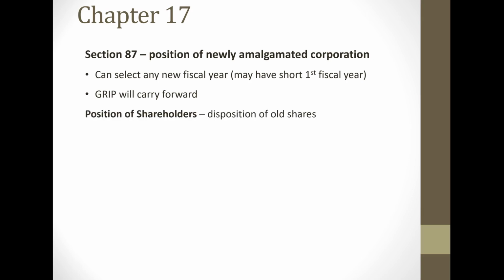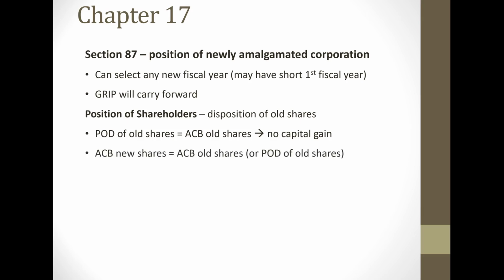Now the shareholders are going to be deemed to have disposed of their old shares of the former corporation, but they're going to be disposed of at the ACB, so there's going to be no capital gain. And the new shares will just retain the ACB value that the old shares had.